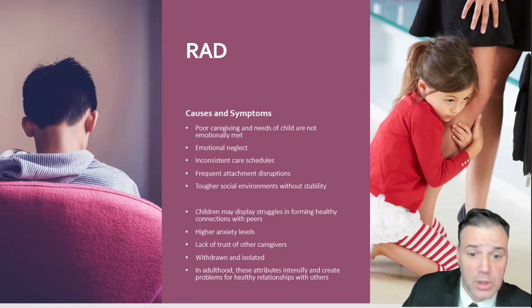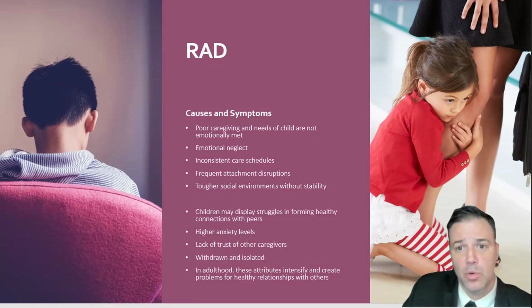Due to emotional neglect, inconsistent care schedules, frequent attachment disruptions, maybe through abuse or divorce or change of homes, and tougher social environments without stability. Maybe a child goes through a lot of foster care and homes that reject them. These things can cause a reactive attachment disorder that begins within the child through adolescence.